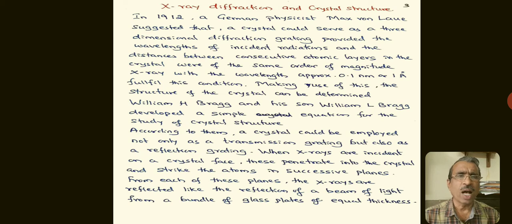When X-rays are incident on a crystal face, these penetrate into the crystal and strike the atoms in successive planes. From each of these planes, the X-rays are reflected like the reflection of a beam of light from a bundle of glass plates of equal thickness.